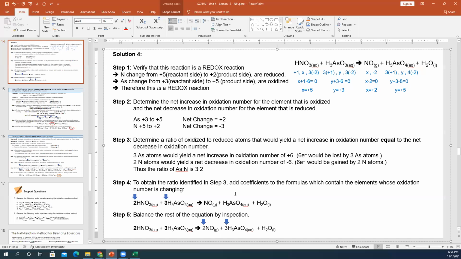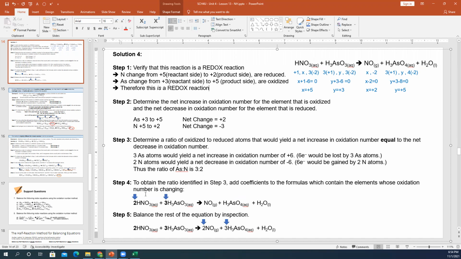So in step 4, to obtain the ratio that you identified in step 3, you add the coefficients to the formulas which contain the elements whose oxidation number is changing. So these coefficients we add to the elements whose oxidation number is changing.